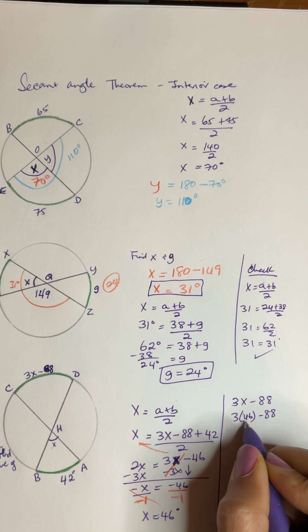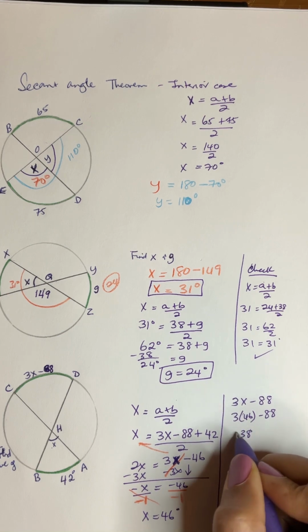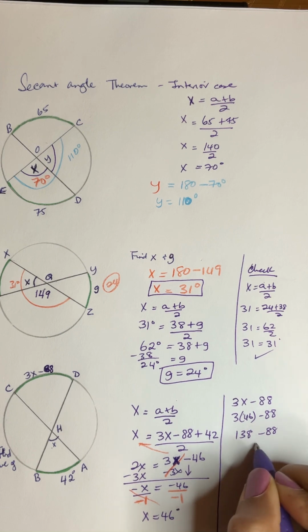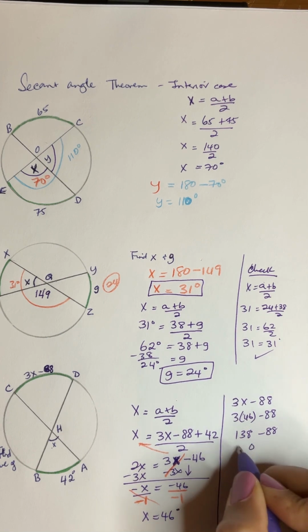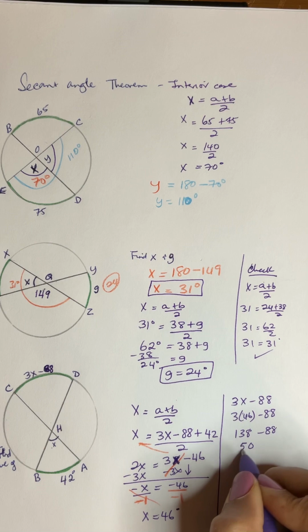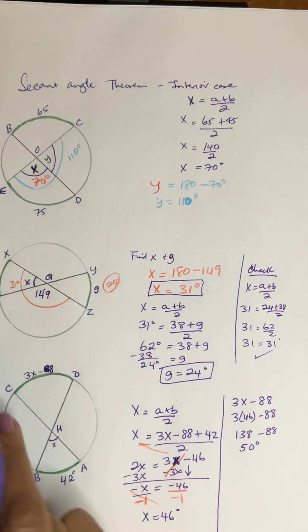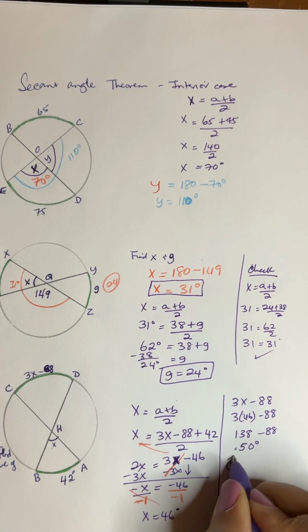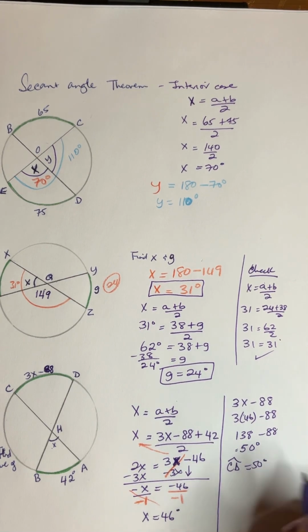Carry 1. 3 times 4 is 12. 138 minus 88. So 13 minus 8 is 5. So CD is going to be 50 degrees. So you can put that arc CD is equal to 50 degrees.